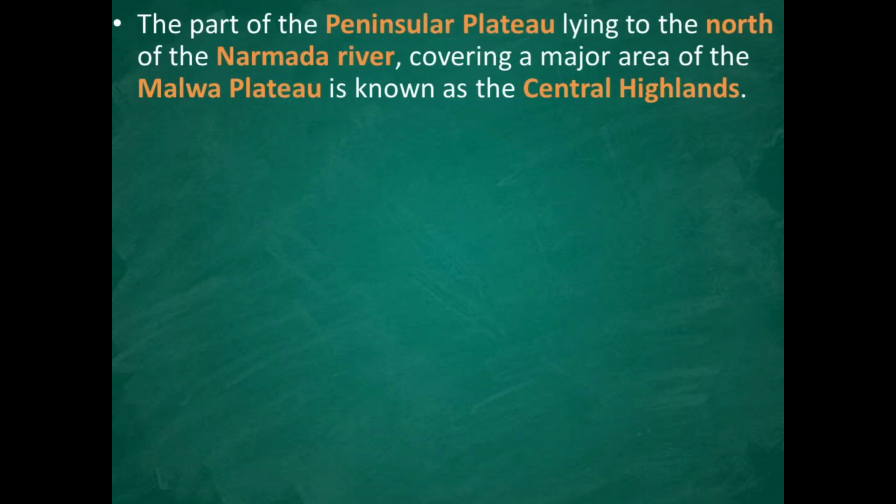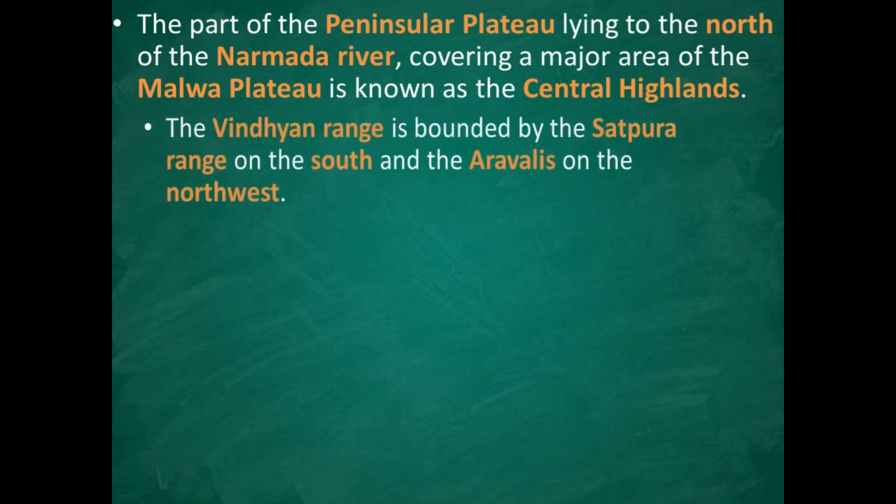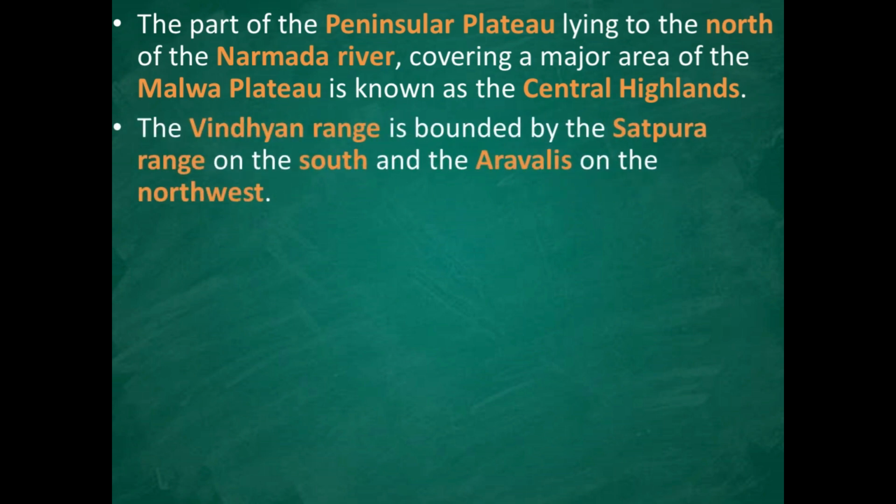The part of the Peninsular Plateau lying to the north of the Narmada River, covering a major part of the Malwa Plateau, is known as the Central Highlands. The Vindhyan range is bounded by the Satpura range on the south and the Aravallis on the northwest.